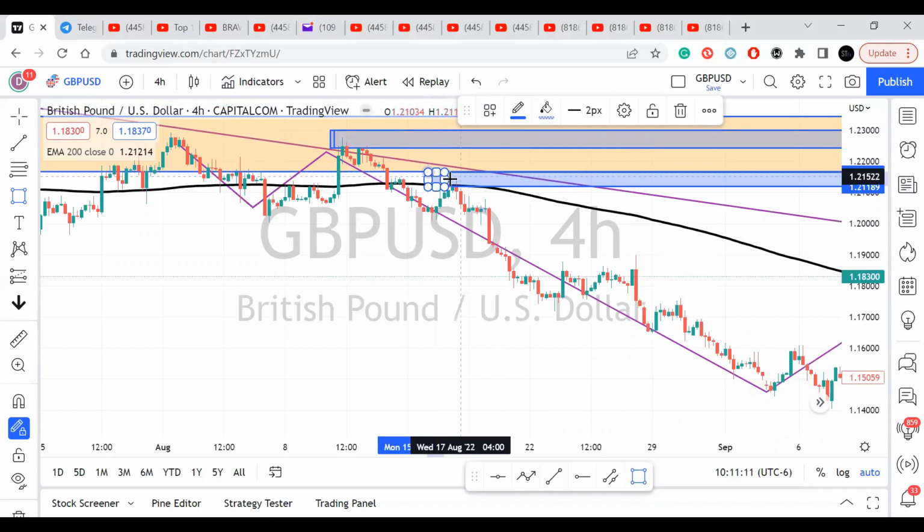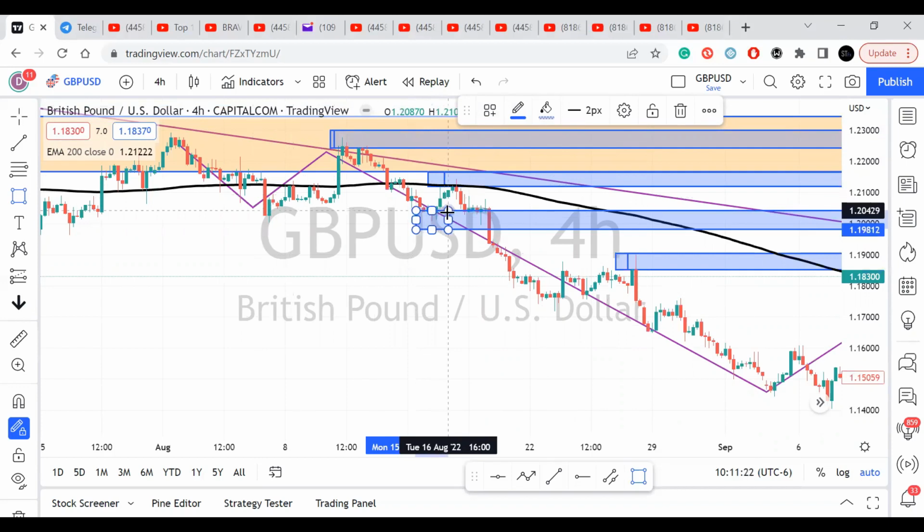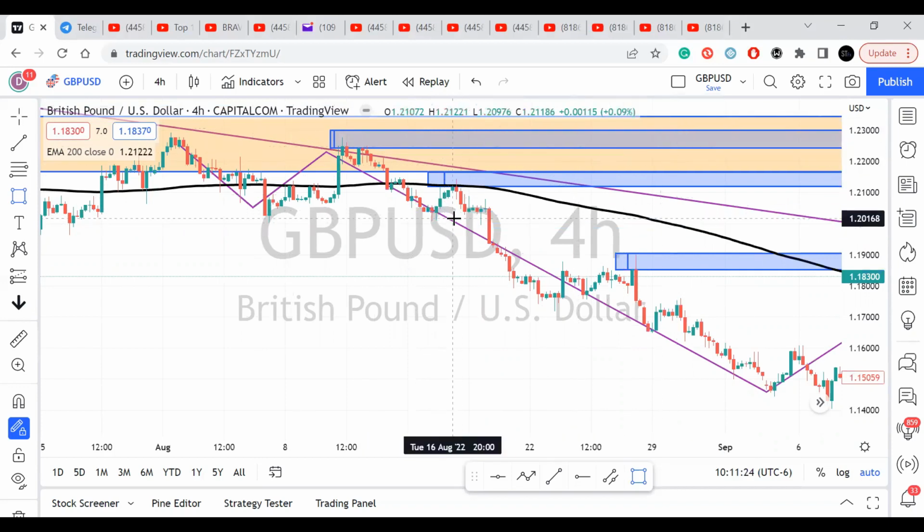So this is the next zone. Then this area, this zone too. I think this one right here is within this.